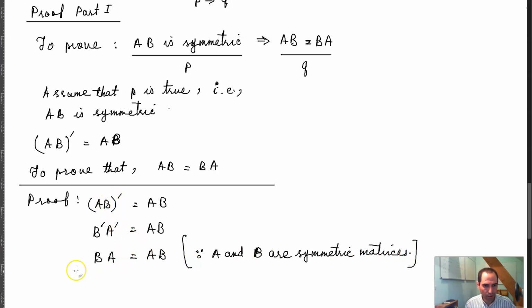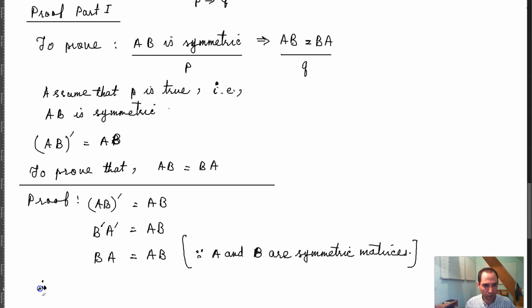Here you can see that we have made the assumption that AB whole prime is equal to AB, and that shows that BA is equal to AB, meaning that if AB is symmetric, then A and B commute.